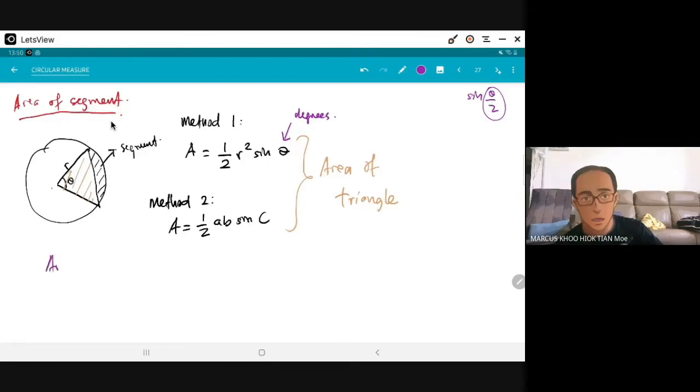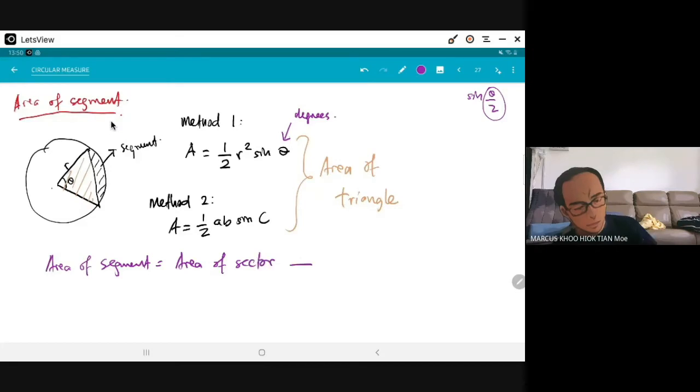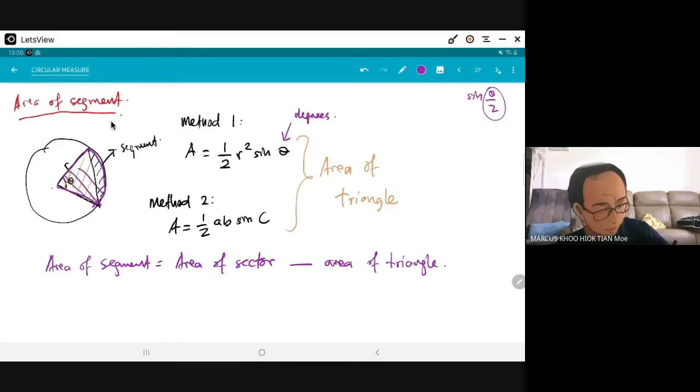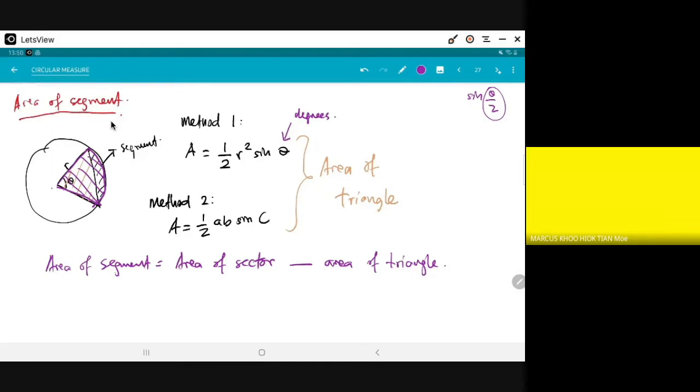So to count the area of the segment, it is the area of a sector minus the area of the triangle. The area of the purple color minus the area of the foundation color. I don't know what the foundation color is.